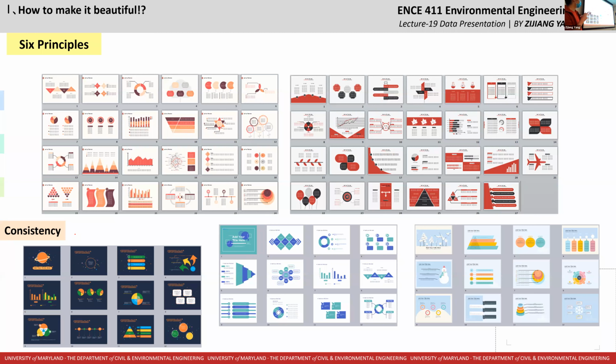If we put all of these templates together, we can see that the style and the color of the slides are consistent. So I would say the nature of the slide template is consistency. When we are making slides, it would be better to try to make our slides look visually consistent.